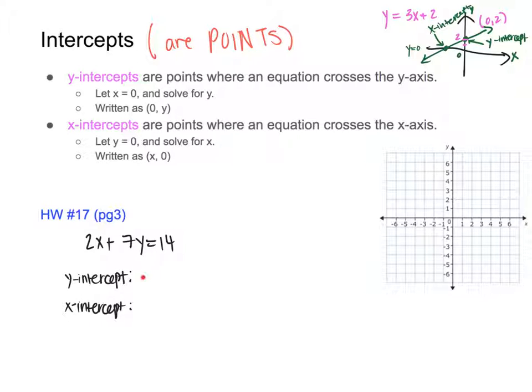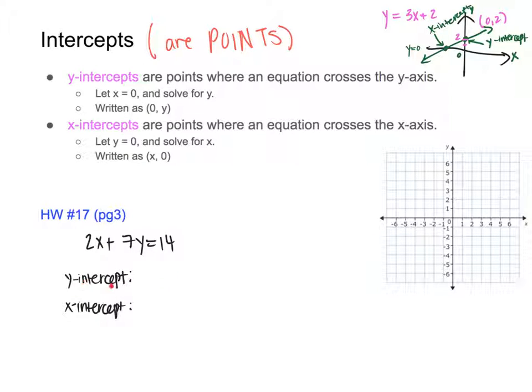If we find those intercepts, remember they are coordinate points. If we have the y-intercept and the x-intercept, that means we have 2 points. And if we graph 2 points on our coordinate system, we can connect the dots and draw our line. So let's do the graph later because that part's going to be easy if we have the coordinate points. But we need to find the intercepts first.